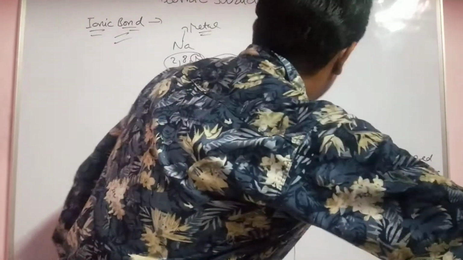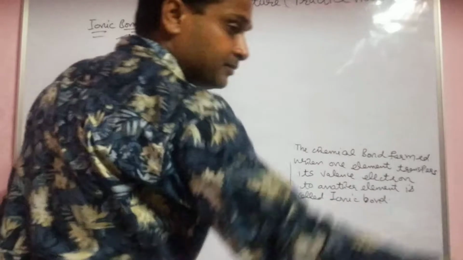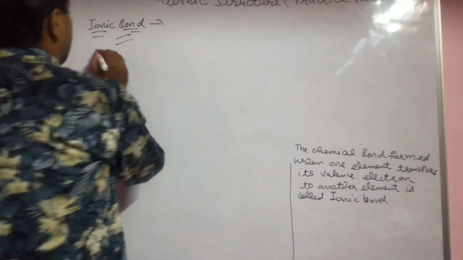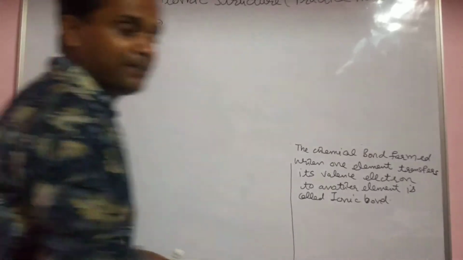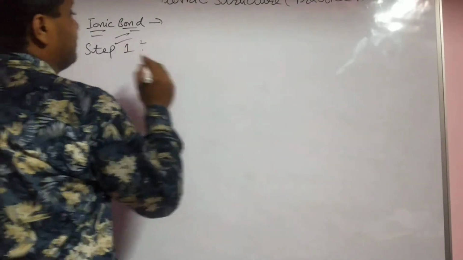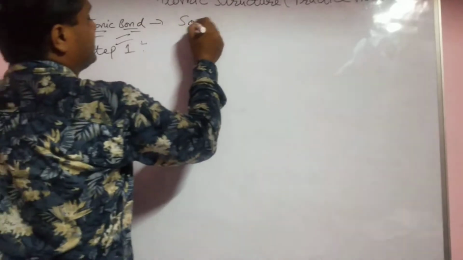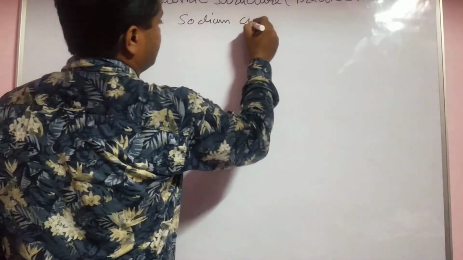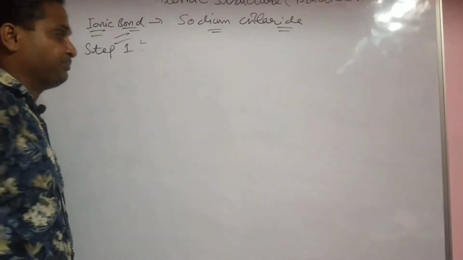Yes. So now we see the full structure of sodium chloride. We always do this in 3 steps. In the first step, you first form sodium chloride. In this lecture we only do practice.